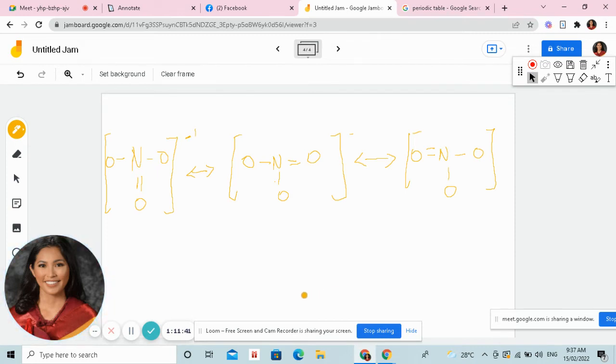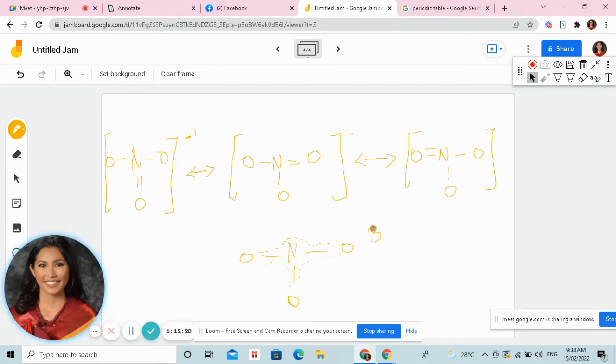We can write that, or if there's no need to draw three structures, you will just take note of this one: oxygen, oxygen, then we have oxygen, with the dots. The dots mean we can find the electrons here. So it is spread, it is delocalized.